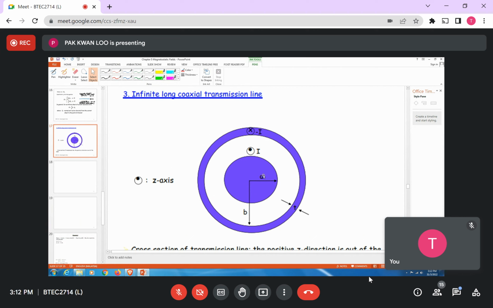So the inner conductor carries current I.